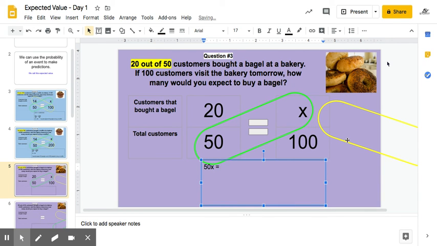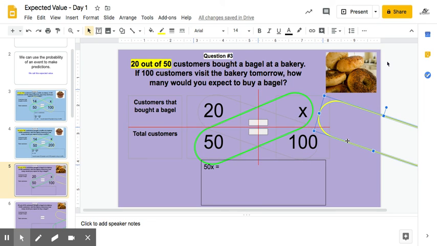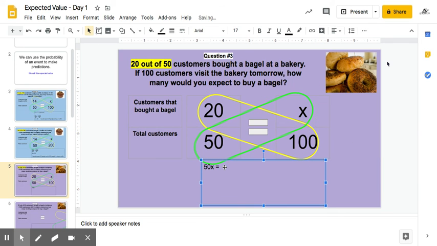Bring down your equal sign. Then I'm going to multiply 20 times 100, which is 2,000. Okay, now I need to solve for x, and in order to do that, I simply have to divide by 50 on both sides of the equal sign.